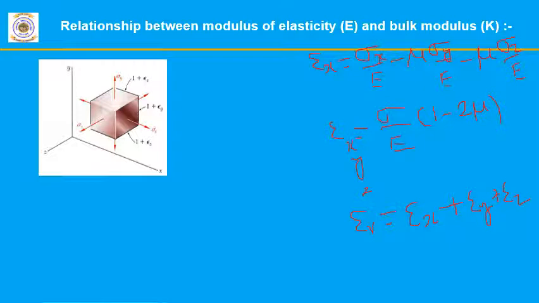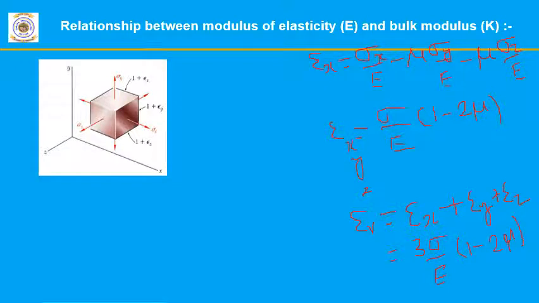Therefore, we will get the equation: 3 times sigma by E into 1 minus 2 mu.